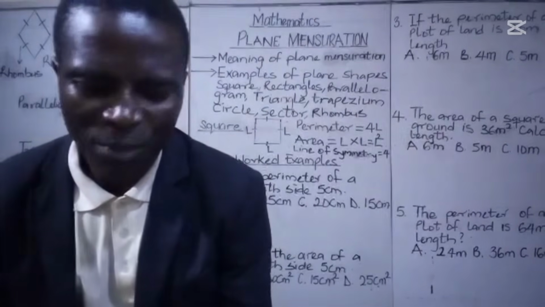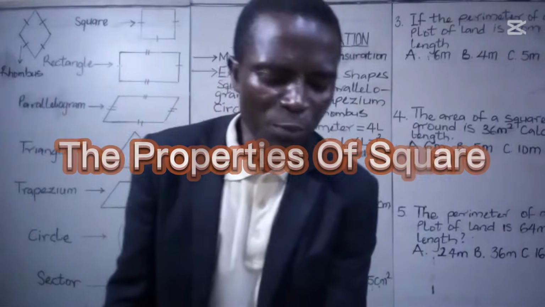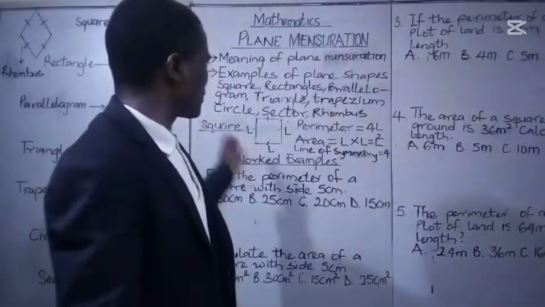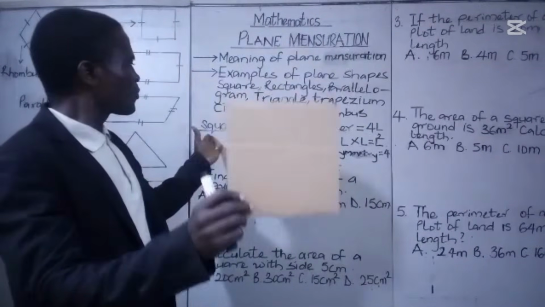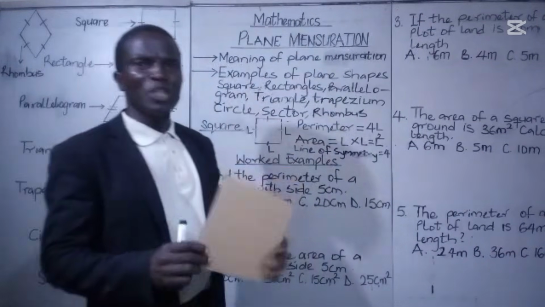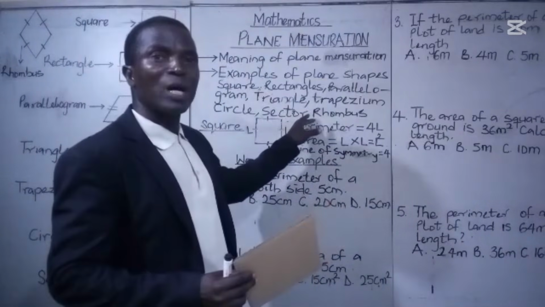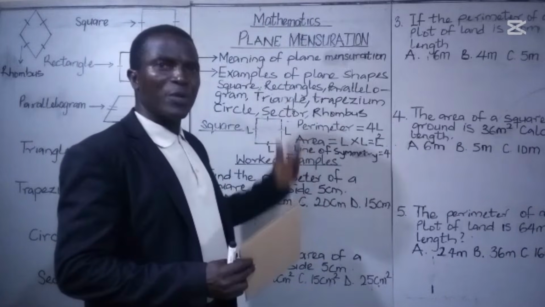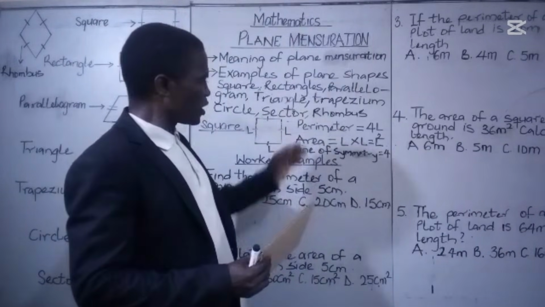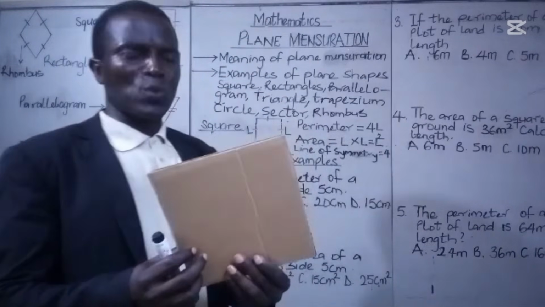So today we are going to deliberate more on the properties of square. That is the first one we are going to consider. In an attempt to study the properties of a square, we have to talk about the perimeter and area. We also talk about the line of symmetry.